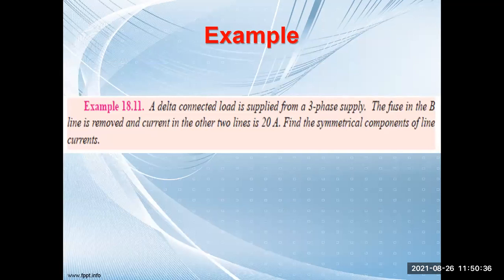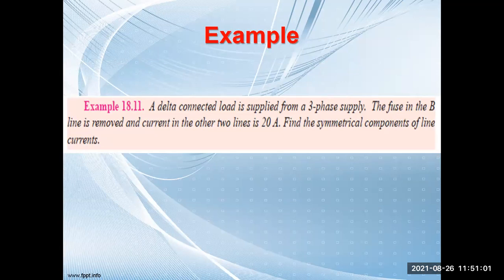Next problem: a delta connected load is supplied from a three-phase supply. The fuse in the Y line is removed and the current in the other two lines is 20 ampere. Find the symmetrical components of line currents. So a delta connected load is supplied from a three-phase supply and B phase is open.